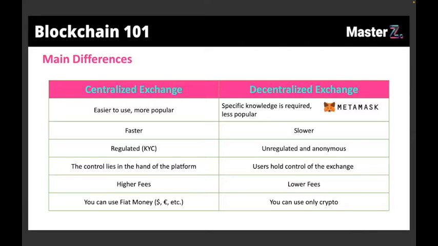The next difference between centralized and decentralized is that centralized exchanges are faster because, of course, the decentralized exchange runs on a blockchain, so it needs time to settle the transactions. Every time you buy a token or exchange a token, you need to run the transaction through a blockchain.